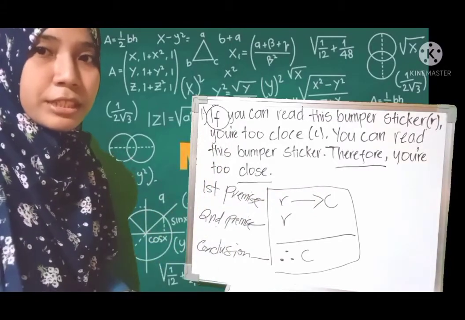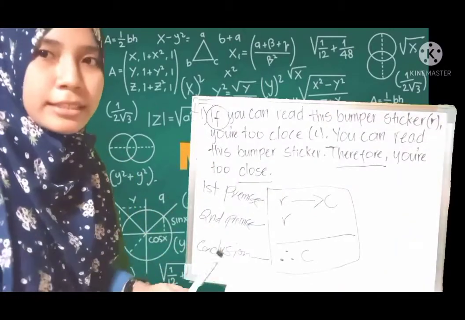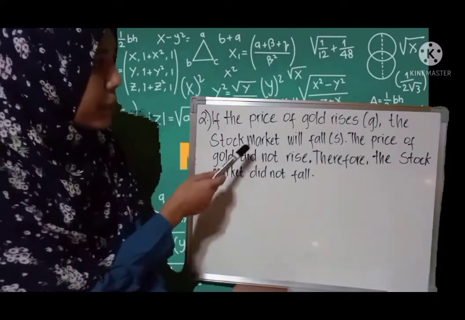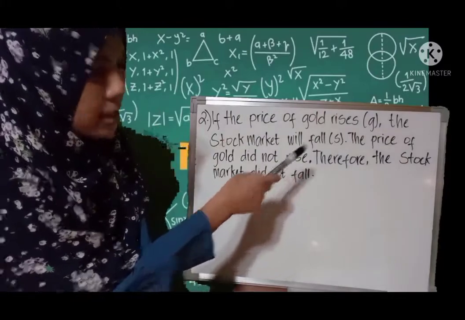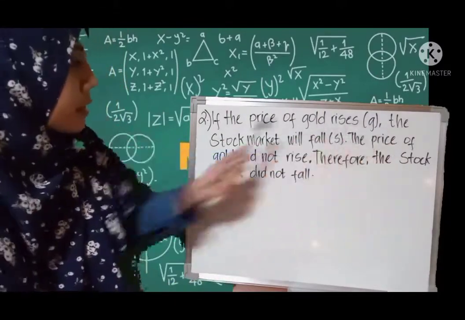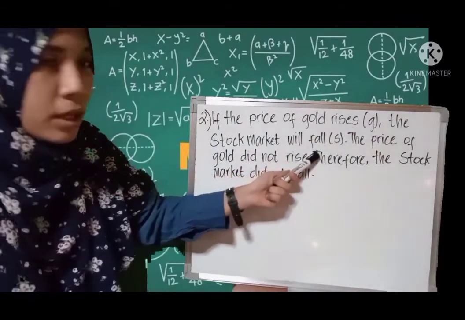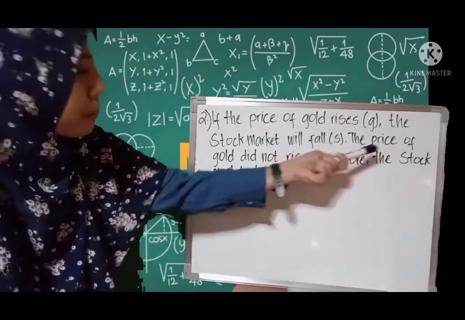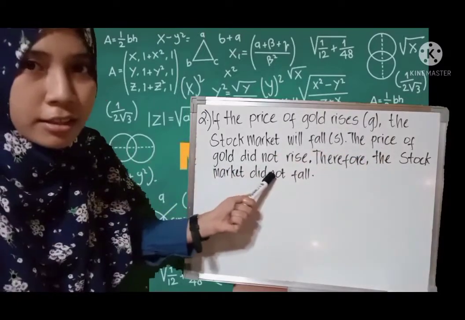So, now let us proceed to the second exercise. Exercise number 2. If the price of gold rises, represent as letter G, the stock market will fall. Fall represent as S. The price of gold did not rise.